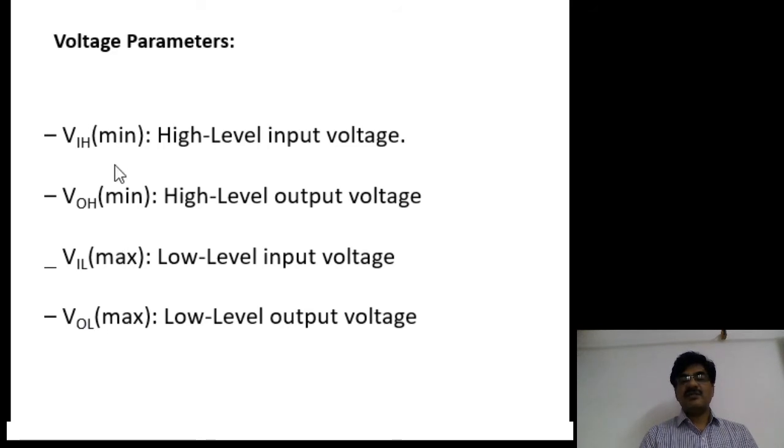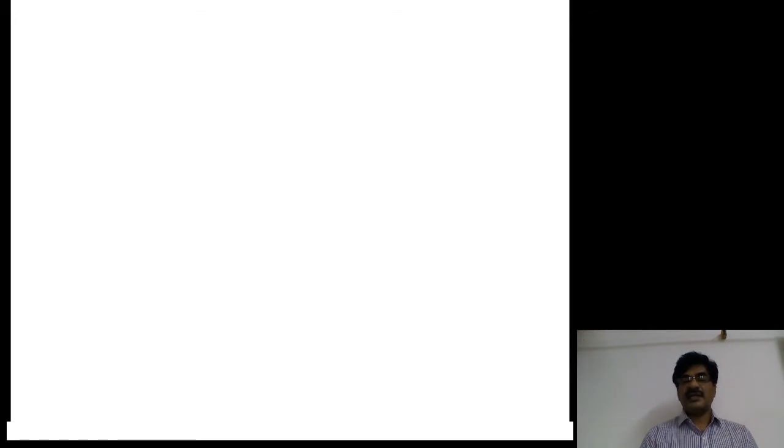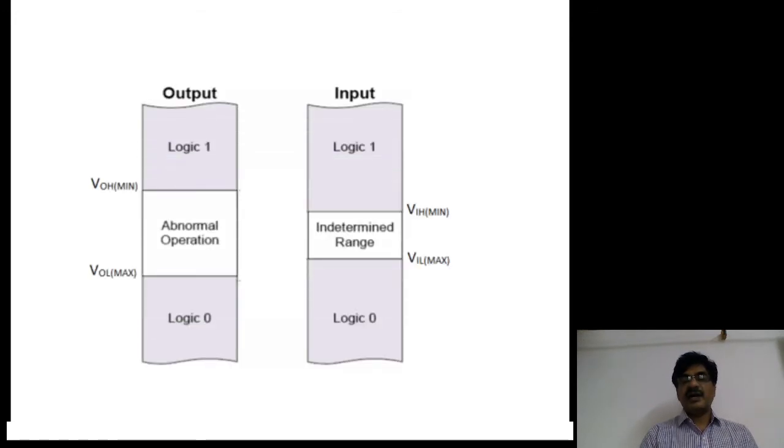And whatever this minimum and maximum means, you can understand in the coming slide. Here I represented one diagram with reference to input and output. In both diagrams I represented the logic high voltage range, similarly the logic low voltage range, and also all these voltage notations.